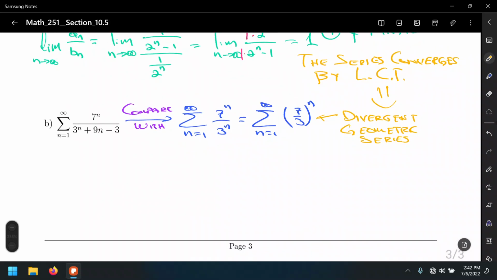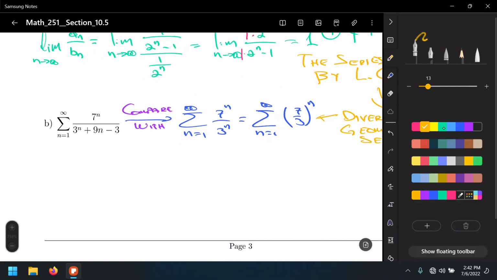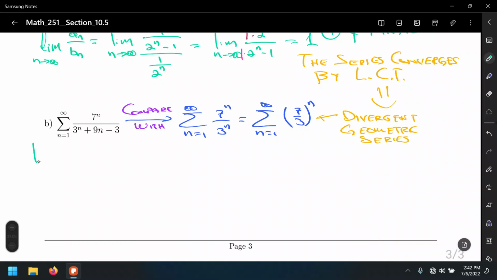So we're going to set a limit again. The limit of a sub n over b sub n as n approaches infinity. That is the quotient of the expression in the problem series divided by the expression in the test series.